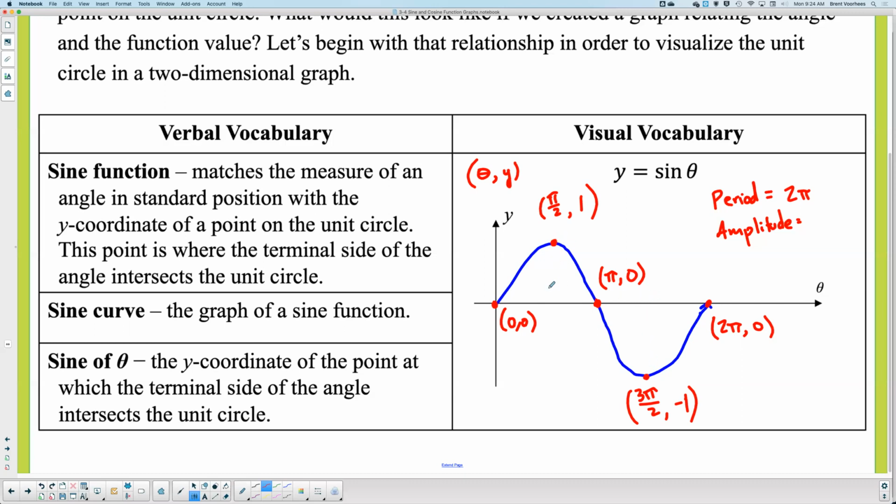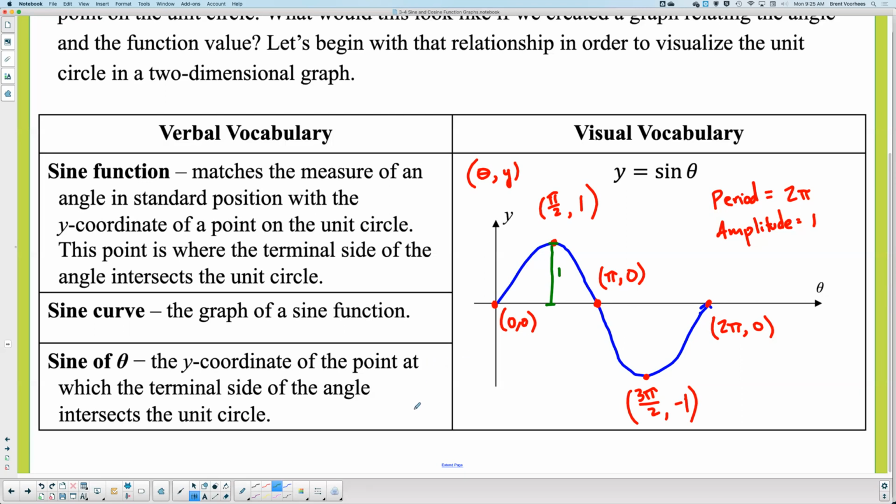That distance. So what's the amplitude here? 1. The amplitude is 1 unit. So that's what the amplitude would be, this distance from here to the midline. Right there, that's the amplitude of 1 unit. So that's the amplitude. The period is how long it takes to complete one whole cycle. That is 2 pi radians.